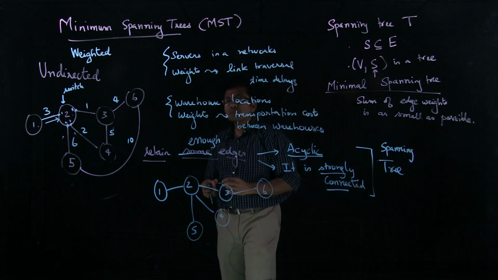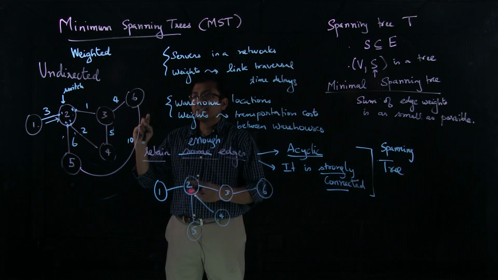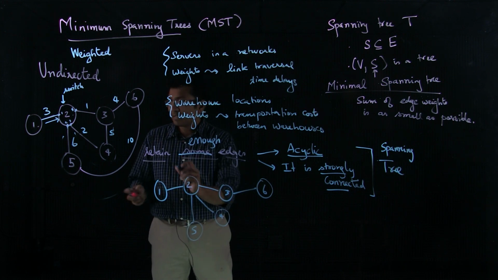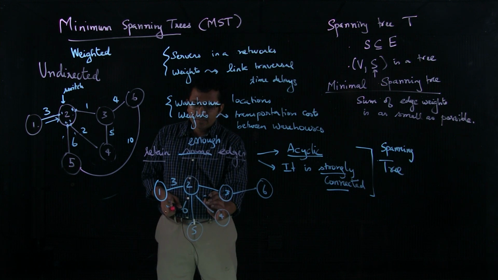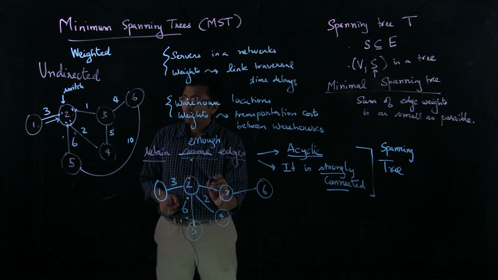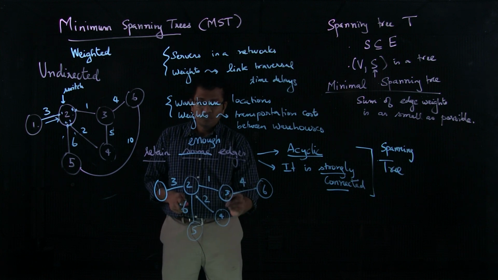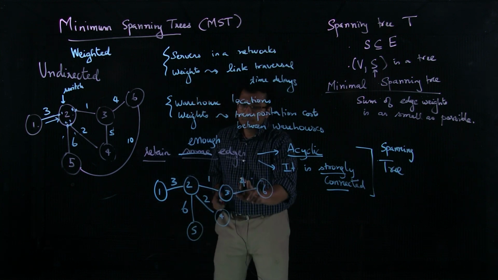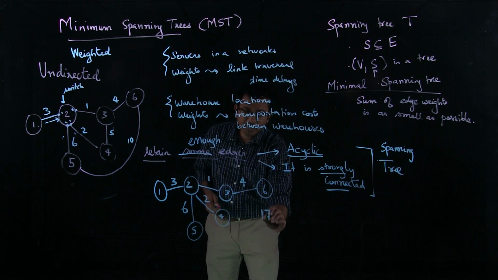So among all the spanning trees, find me one spanning tree that minimizes the sum of the weights of the edges. So for example, here is a spanning tree. What is the sum of the weights of the edges? Okay, so 3 plus 1 plus 4 plus 2 plus 6. So 17.